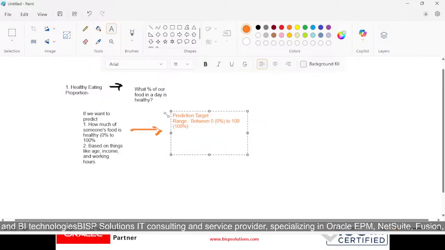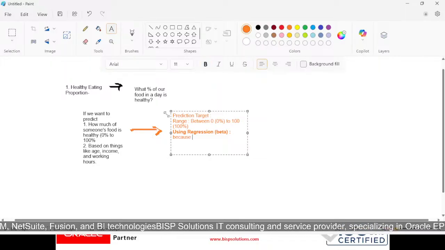So here we will be using beta regression, right? So why are we using it?